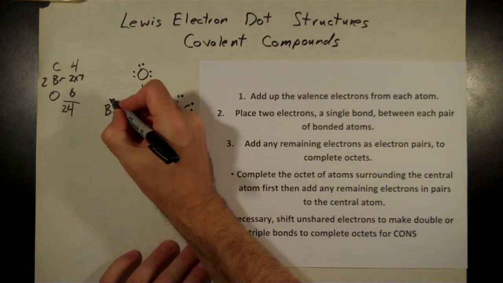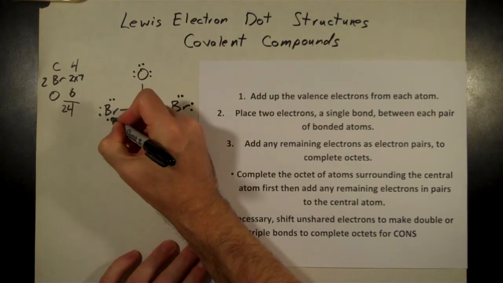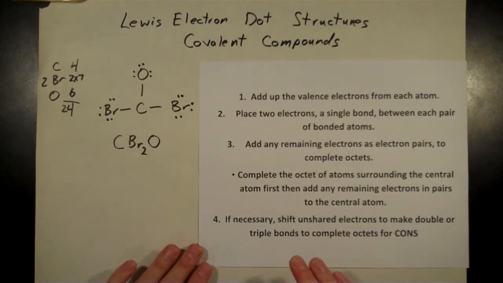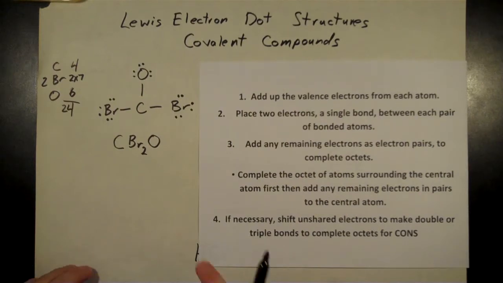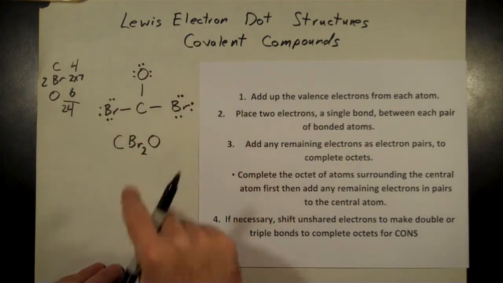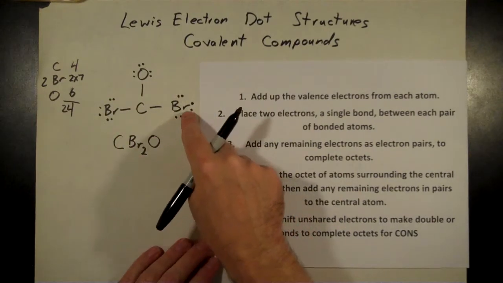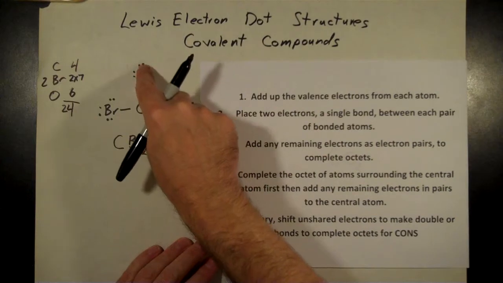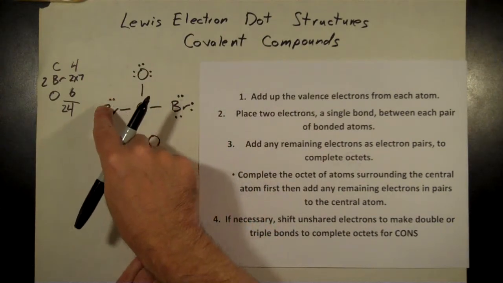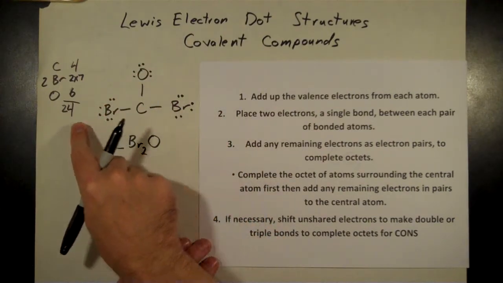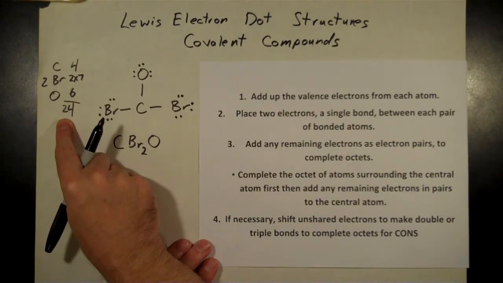And then let's complete the octet down here for the bromine. All right, so that finishes off all of the octets for all the terminal atoms. And so again, when you finish a step, just go back and check and see how many electrons you've used up. So there's 2, 4, 6, 8, 10, 12, 14, 16, 18, 20, 22, 24 electrons. And that's how many we had to start with.